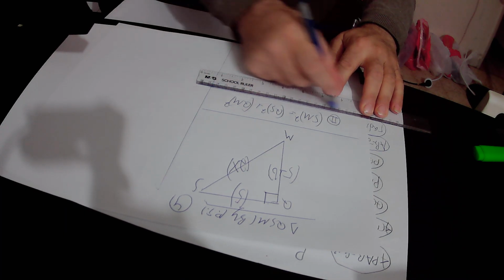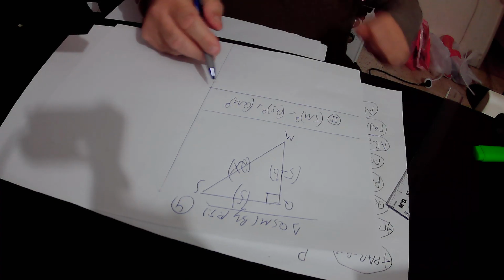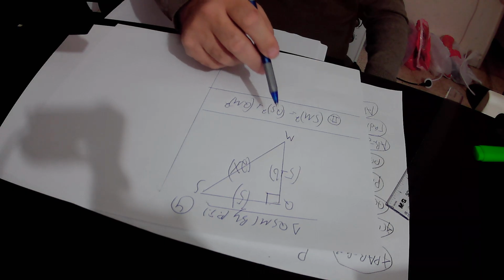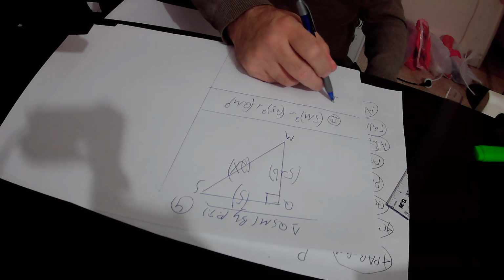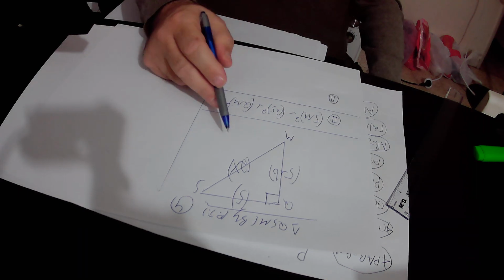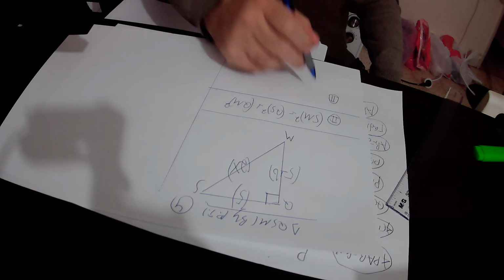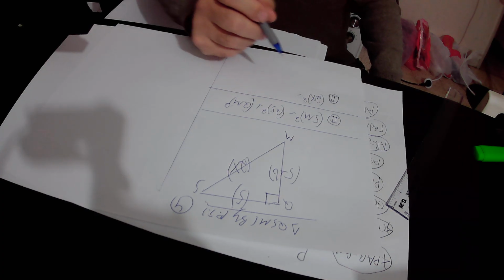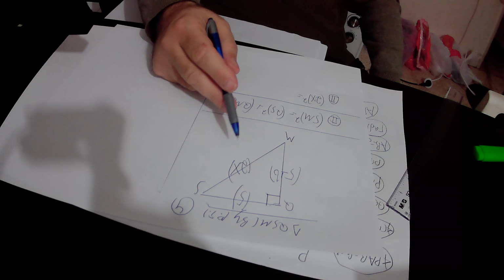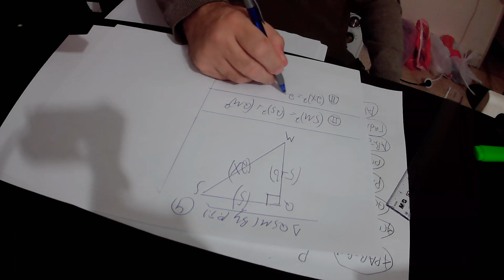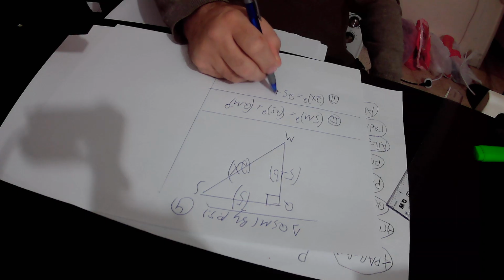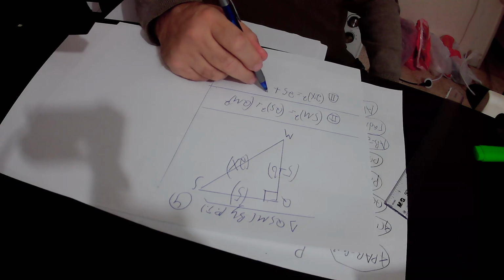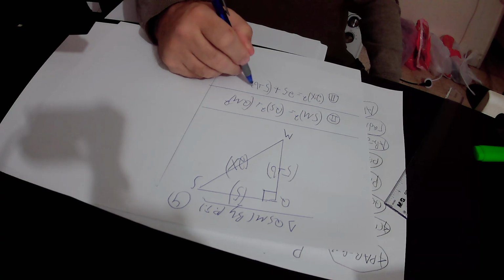SM is 2x, therefore SM squared is 2x squared. And it is equal to QS squared. QS is 5, therefore QS squared is 5 squared, that is 25. Plus QM squared. QM is 5 plus B, therefore QM squared is 5 plus B squared.